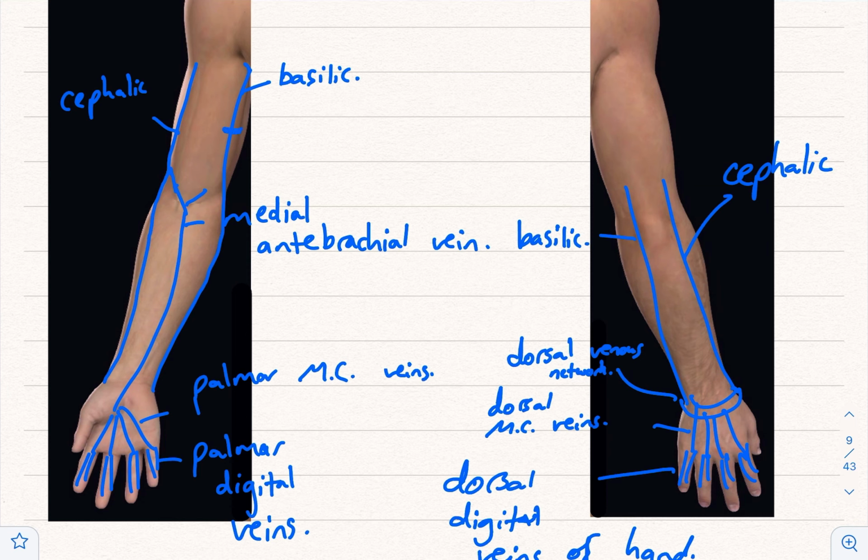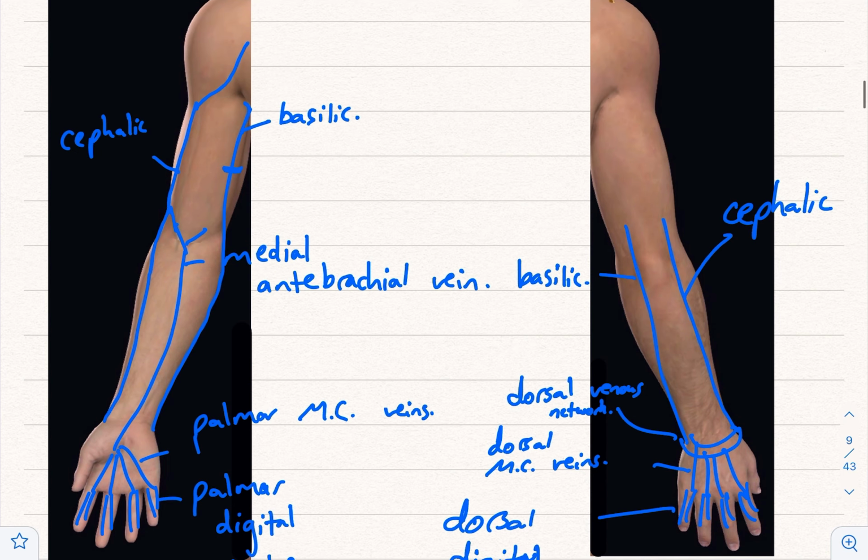And then the cephalic vein goes between the deltoid and the pec major, the so-called deltopectoral groove. You can feel it between your shoulder and pec major. That's where the cephalic vein goes.